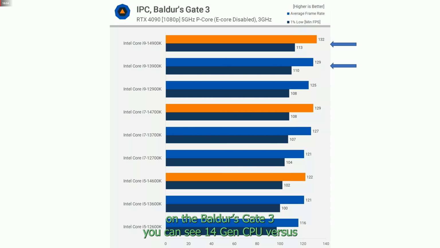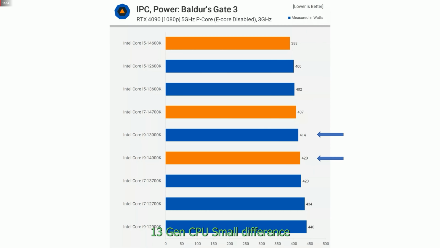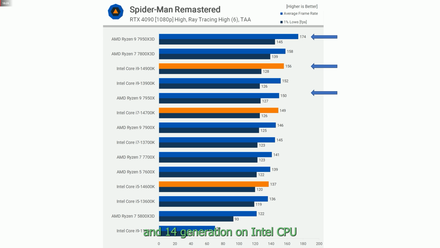You can see 14th generation CPU versus 13th generation CPU, a small difference. Again, you can see power consumption, a small difference between the 13th generation and 14th generation of Intel CPU.